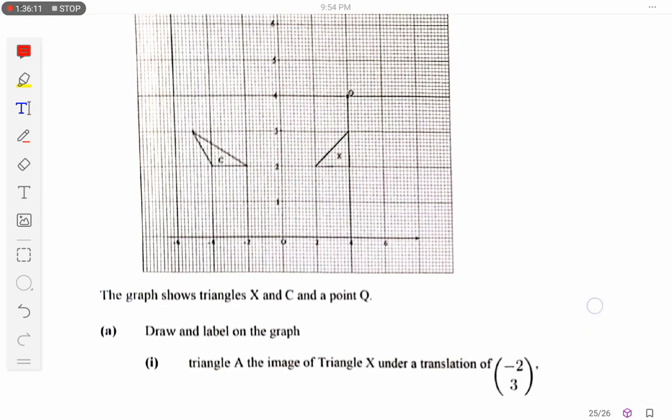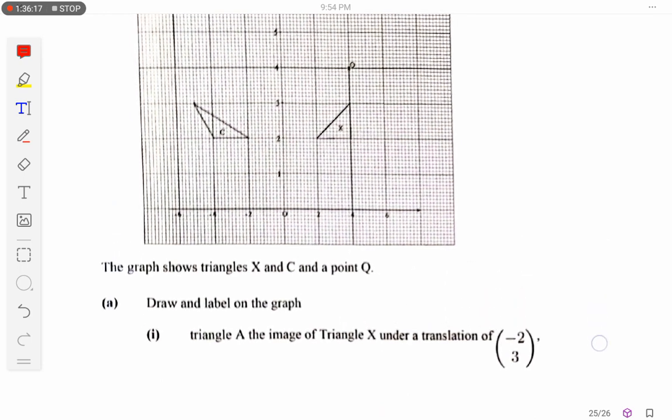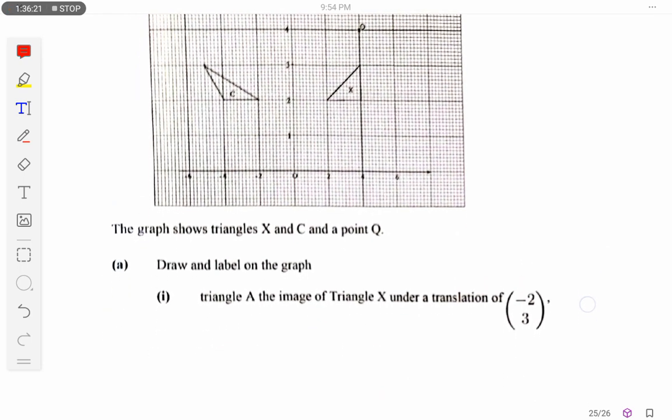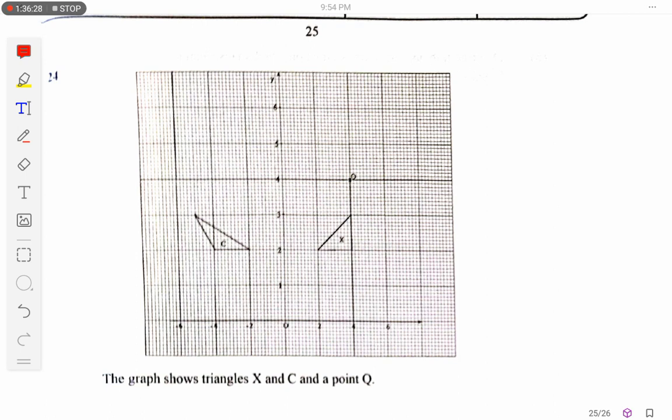We are on this number. They are saying the graph shows triangle X and C and a point Q. Draw and label on the diagram triangle A, the image of triangle X under the translation -3, 2. So translation is -3 and a 2.